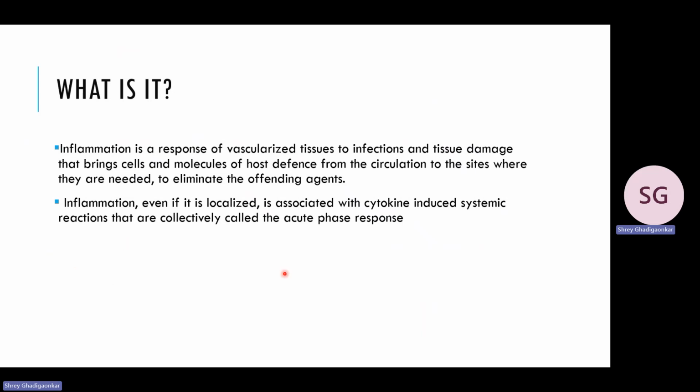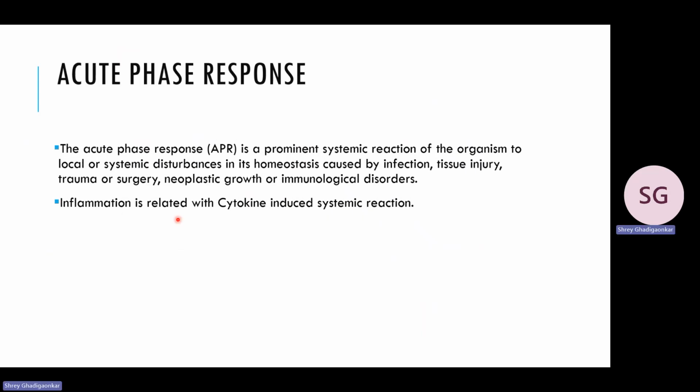Inflammation can be localized and is often associated with cytokine-induced systemic reactions, and that's basically what an acute phase response is, which brings us to the acute phase response. The definition of an acute phase response is that it's a prominent systemic reaction of the organism to local or systemic disturbances in its homeostasis caused by infection, tissue injury, trauma, surgery, neoplastic growth, or immunological disorders.